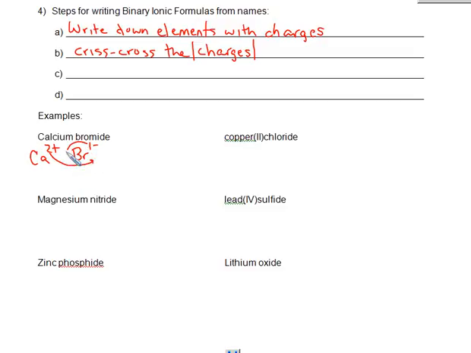And we're going to take the 1, and the 1's going to slide over here. And we end up with Ca1Br2. However, we don't ever use 1, so we don't need to use ones. So we're just going to write it out as CaBr2. Let's put a little box around it so I know you're done with it. So that's the formula for calcium bromide.